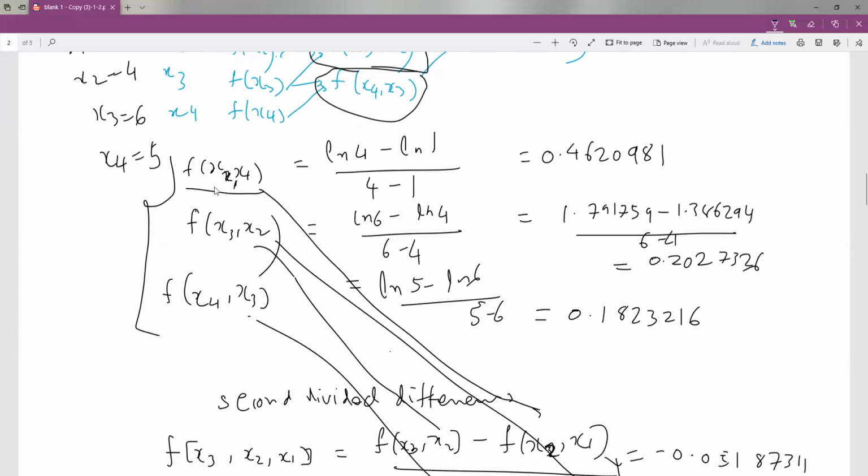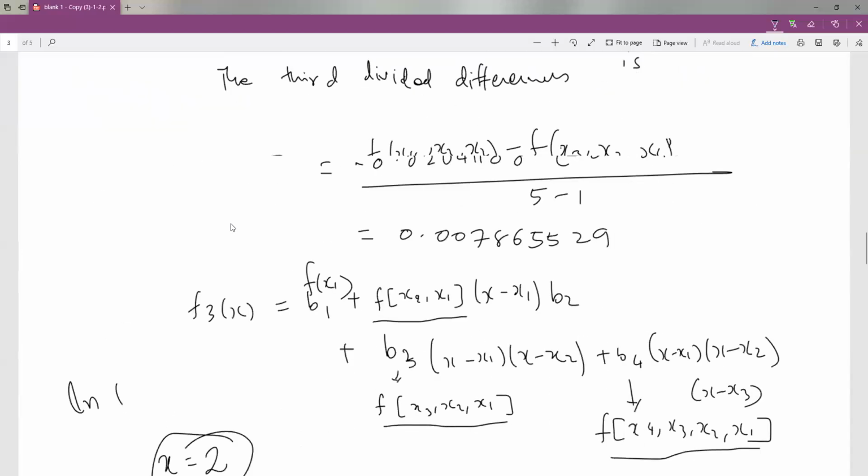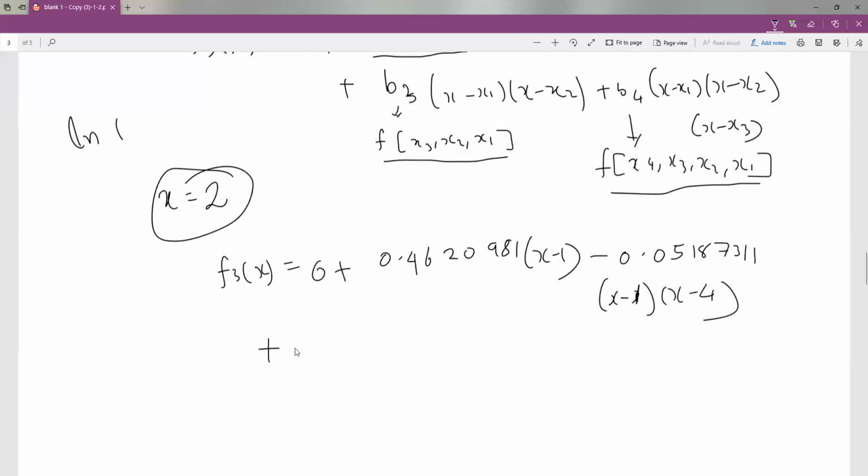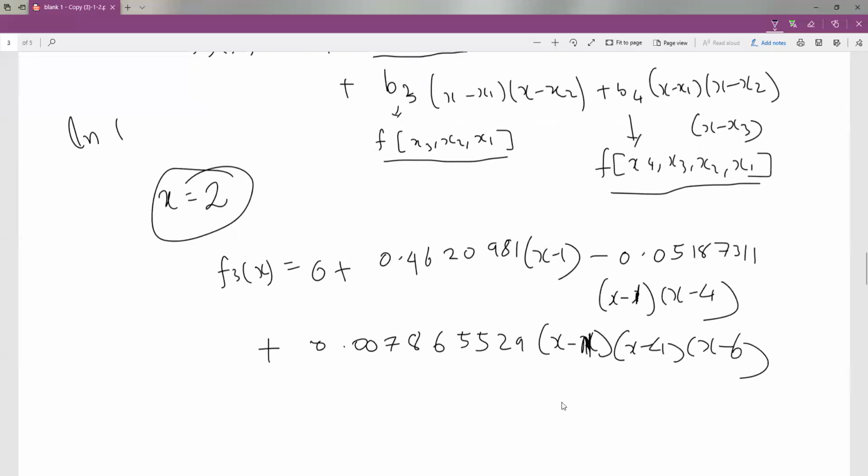The first divided difference of x2, x1, 0.462091, minus 0.05187311 into x minus 1, x minus 4, plus 0.007865529 into x minus 1, x minus 4, x minus 6. And this should be evaluated at x equal to 2.